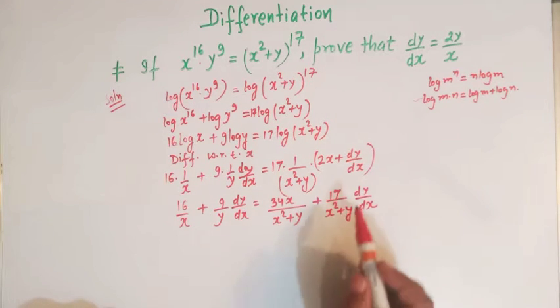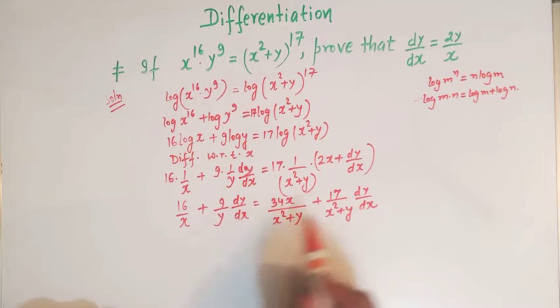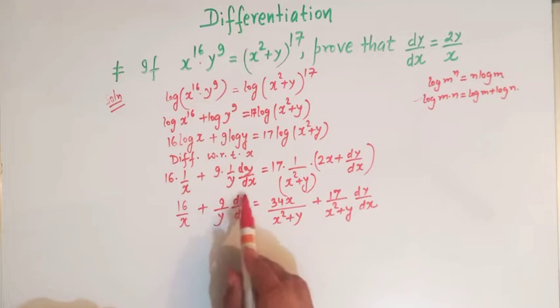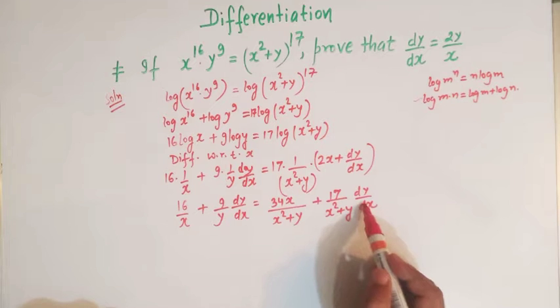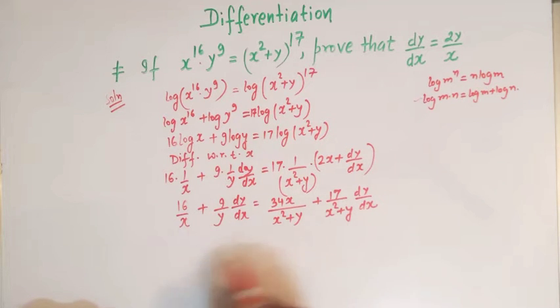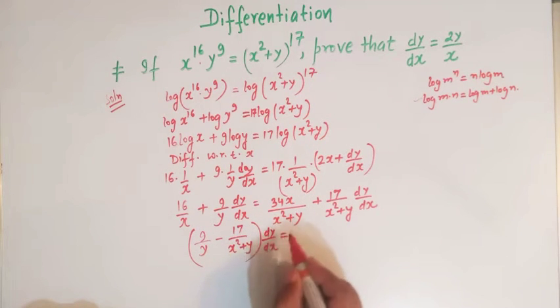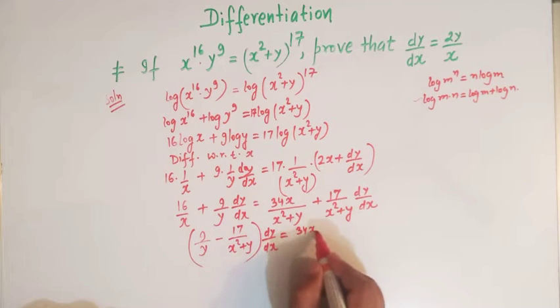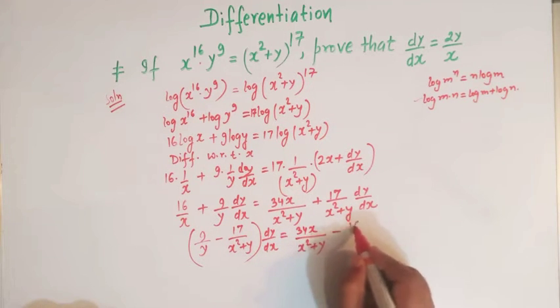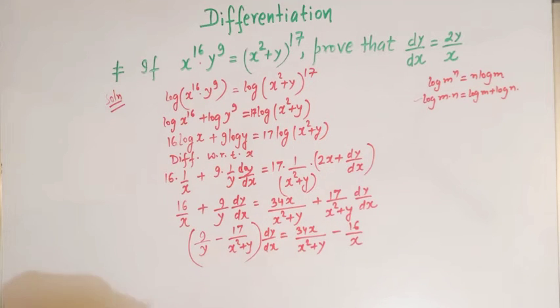Now taking this term and this term to one side and this term to the other side, we have (9 by y minus 17 divided by x square plus y) times dy over dx, and here we have 34x over (x square plus y) minus 16 over x.